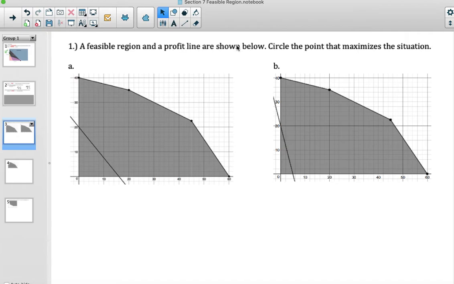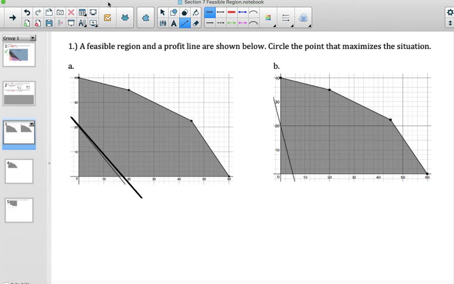Circle the point that maximizes the situation. If you take a ruler or a pencil and slide it up the graph, you look for the very last point it hits. I'll add a movable line with the same slope.